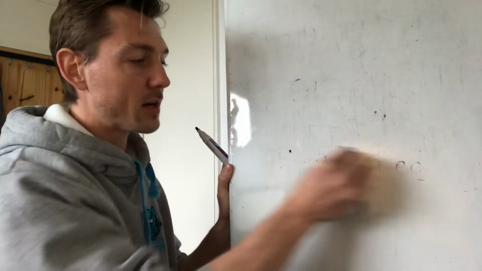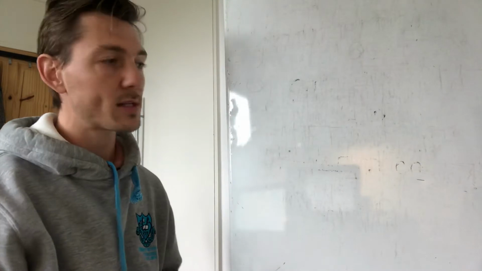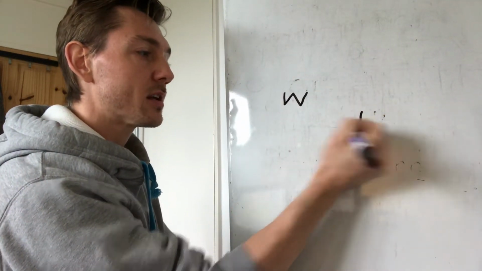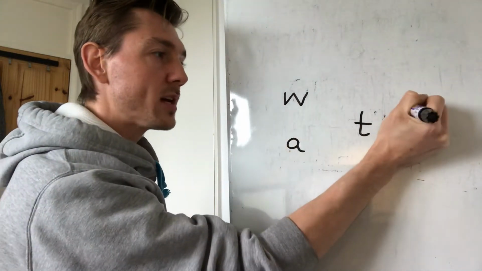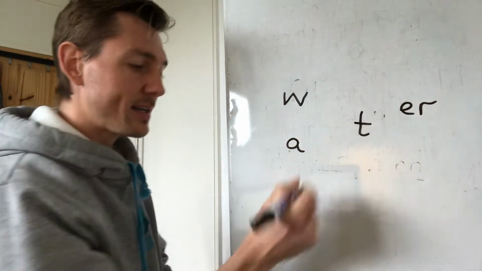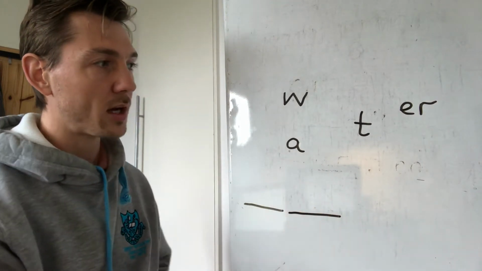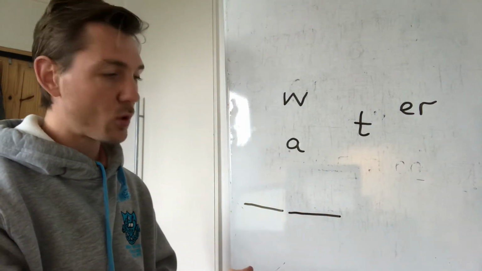Now I'd like you to write the word water. Okay? So these are the sounds that you need to build the word water. And it's 2 syllables, water. Say the sounds to build the word water.